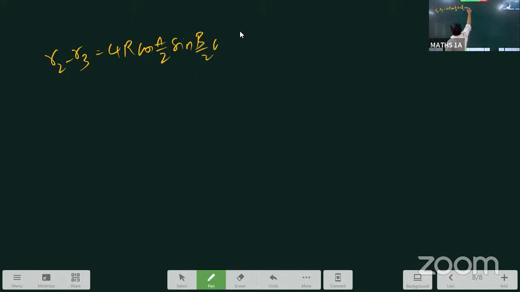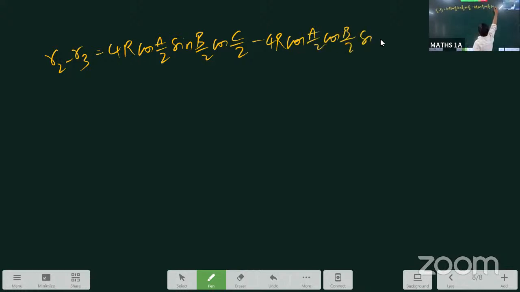Next, keep it like that. Next part, what you are going to do? R2 minus R3. Same formulas. 4R cos A by 2, sin B by 2, cos C by 2 minus 4R cos A by 2, cos B by 2, sin C by 2. 4R cos A by 2 common.